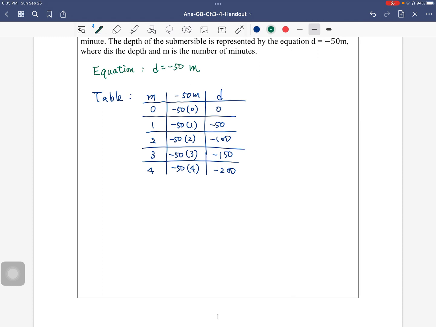Number 3, we can also use a graph. This is the x-axis and y-axis. And this is 0, and then this is 1, 2, 3, 4, 5, 6.